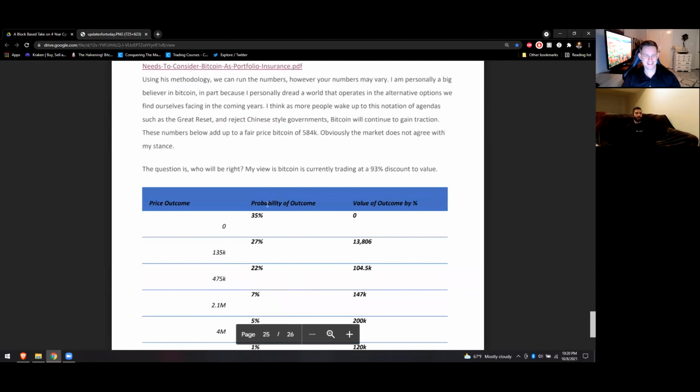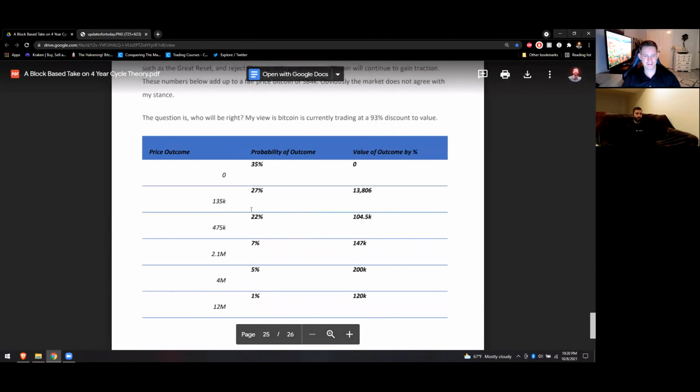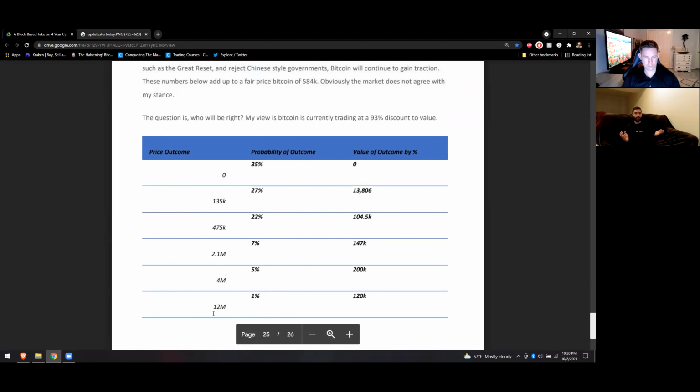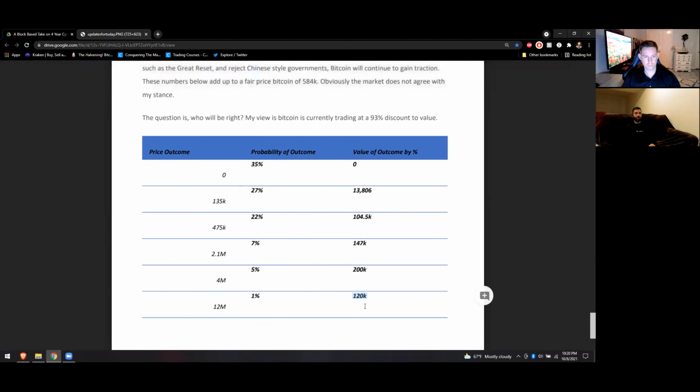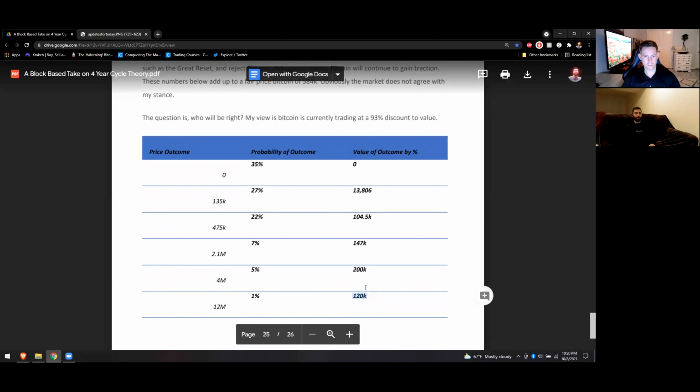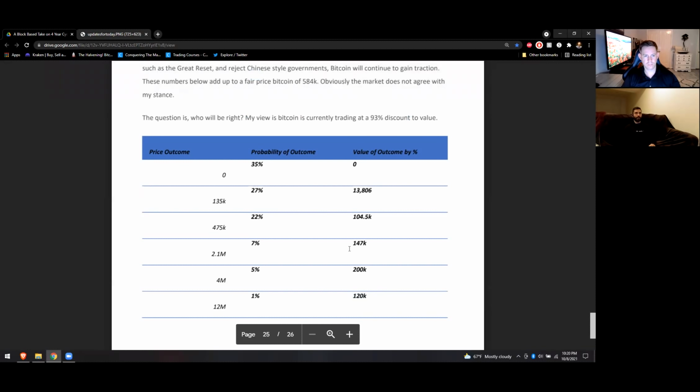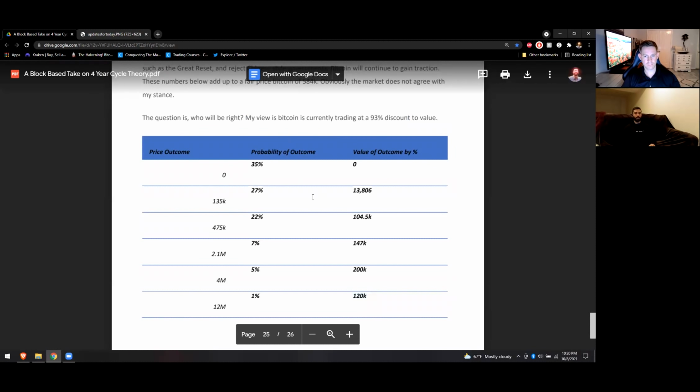And then I assigned some arbitrary probabilities to different price levels that I think are reasonable for what Bitcoin's top price could be as I see it today, right? So giving 12 million a 1% chance as of today still puts the fair value of a Bitcoin at $100,000. So when you add up these probabilities in terms of price, you get like a $584,000 Bitcoin.